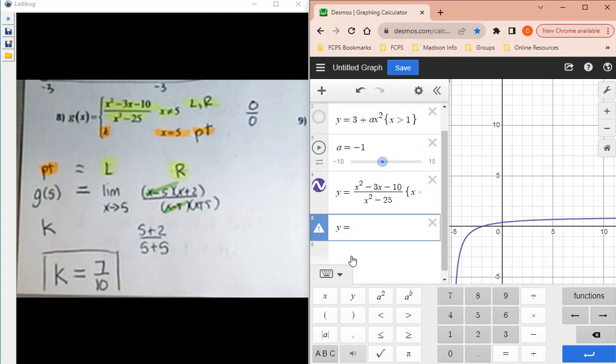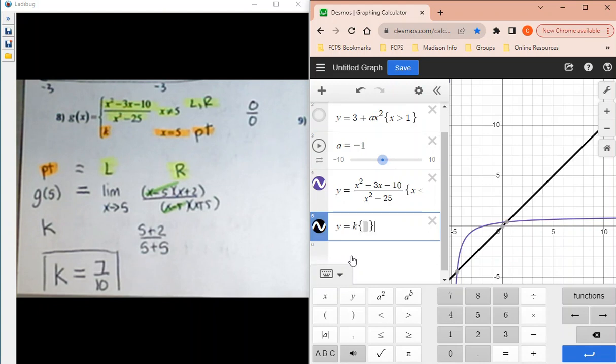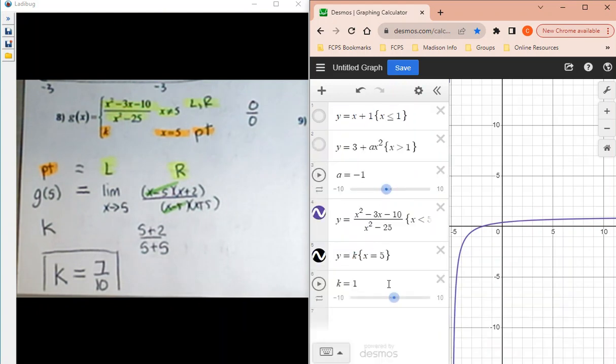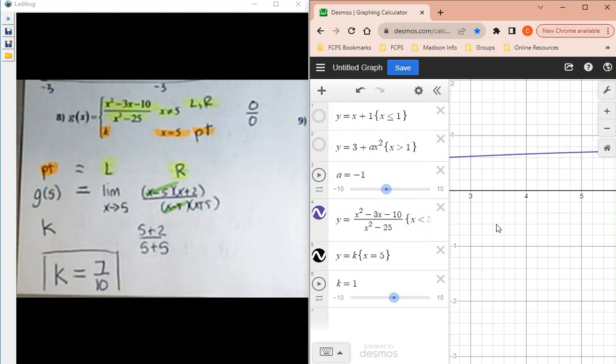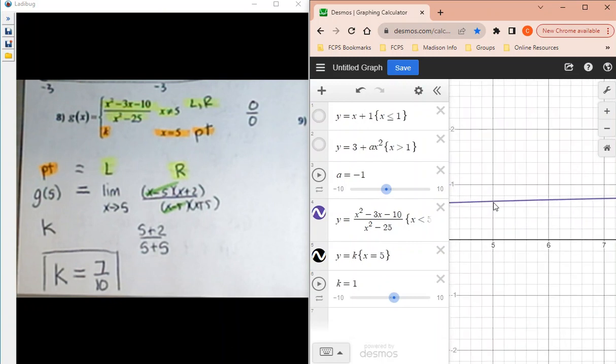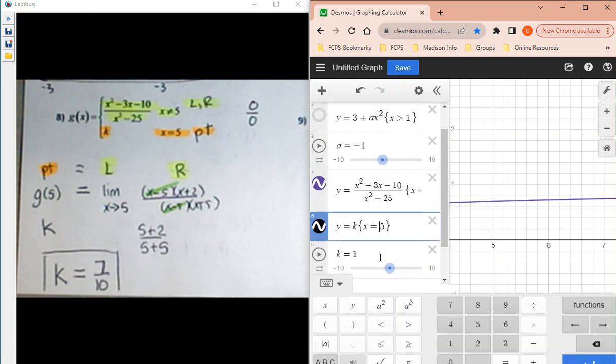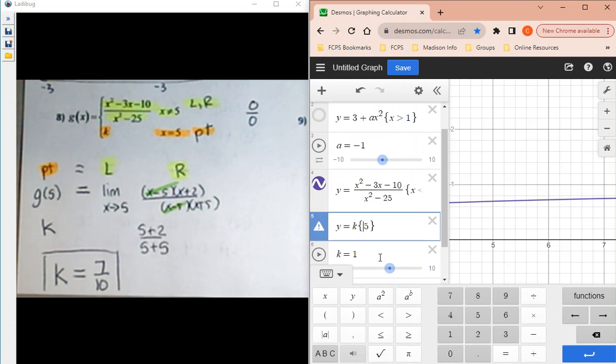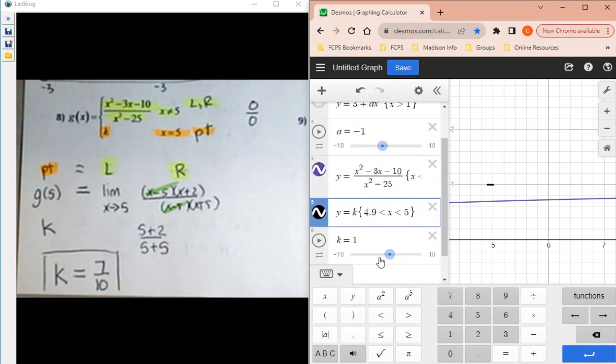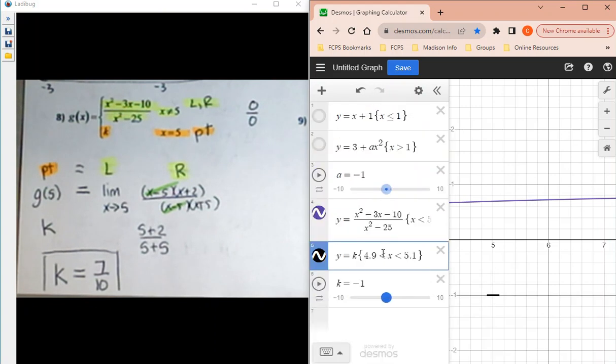Okay, so now I'm going to do the next one. y equals k, and the domain x equals 5. Add a slider. Now this one's hard to see. Okay? It's hard to see. All right. So let's see if we can find it. What if I do this? 4.9, 5.1. So I can try to see where it is.